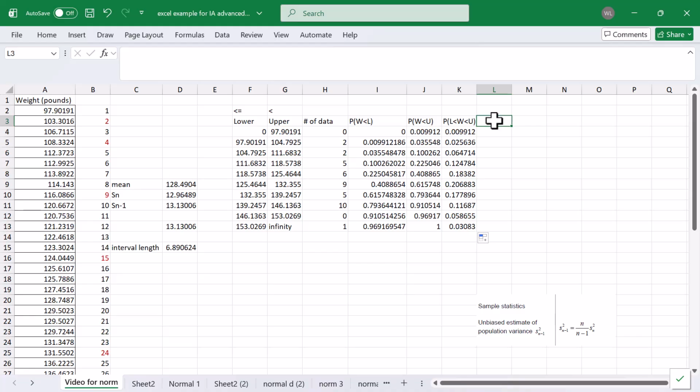Then next step, I need to figure out expected frequency. Put equal sign. The probability of each interval times 40, because altogether 40 data.